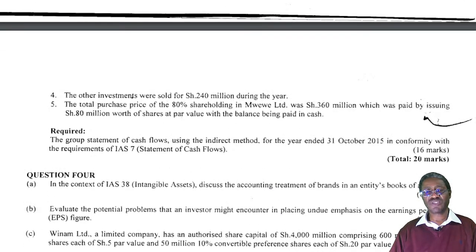Number 5 told us the total purchase price of 80% shareholding in Mwewe was 360 million, which was paid by issuing 80 million shillings worth of shares at par and the balance being paid in cash. Of course, there is nothing non-cash item there. It refers to you as a holding company acquiring a subsidiary.